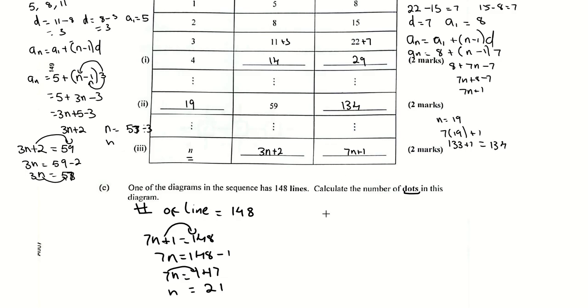I know that my diagram now is my 21st diagram, or n is equal to 21, same difference. So now I could find my number of dots when n is equal to 21, the number of dots would be 3 by 21 plus 2.